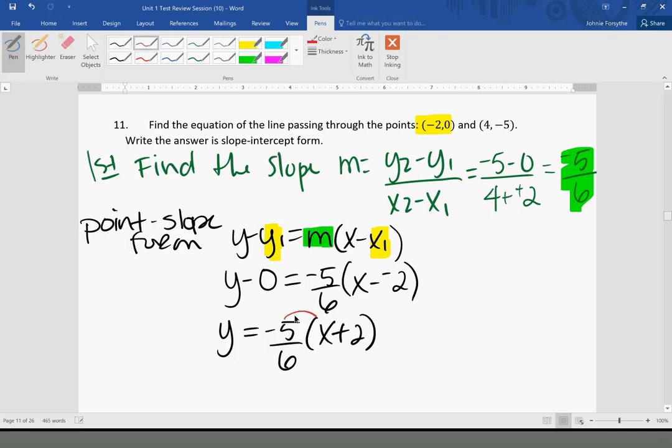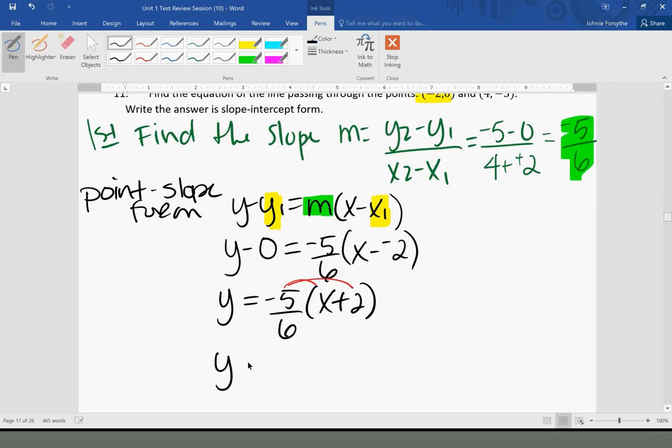And then finally, I want to distribute that -5 over 6 to put it in slope-intercept form. So we have y equals -5 over 6x, and then -5 times 2 is -10 over 6.